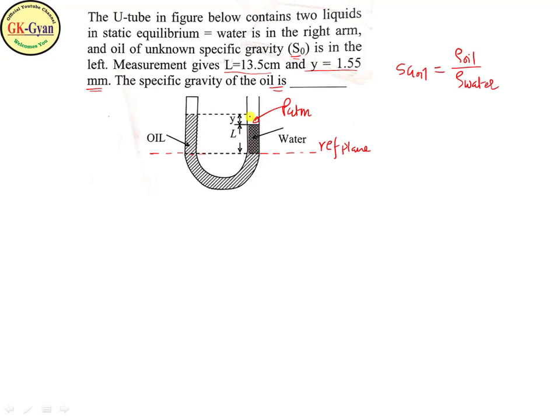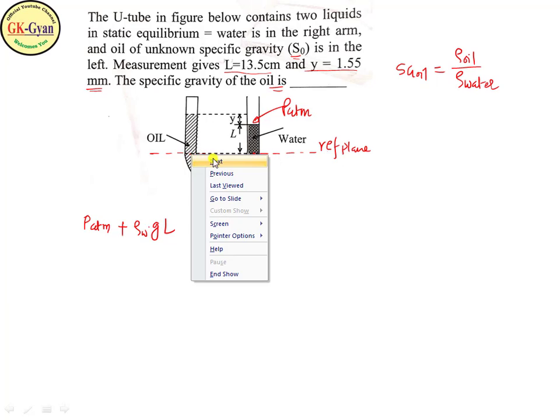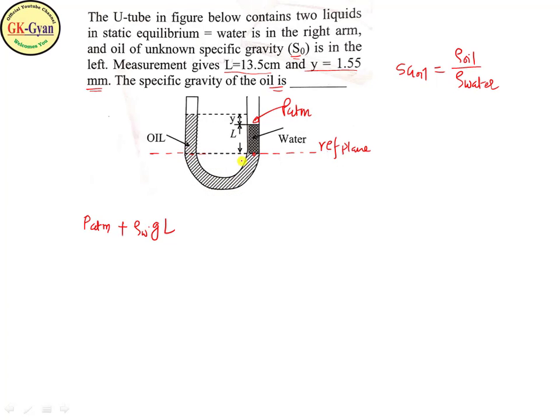So here we will start. It will be P atmosphere, and you are moving downward, so it will be plus rho of water into g into L, because this distance is L. Then from this point you move horizontally to this point directly, because the same fluid, oil, is present, so there is no change in the pressure.